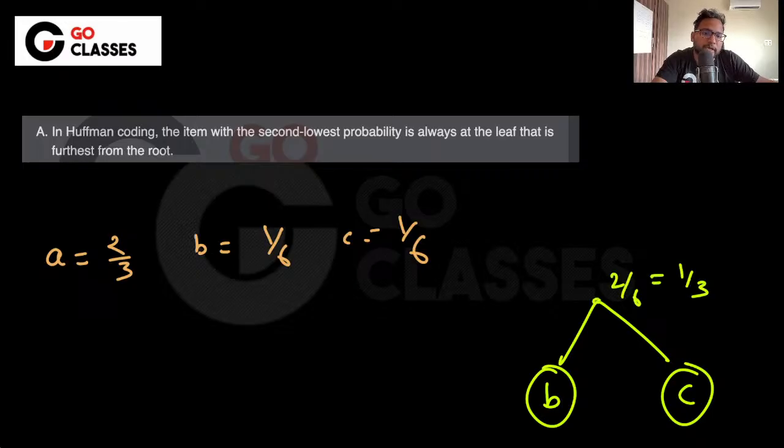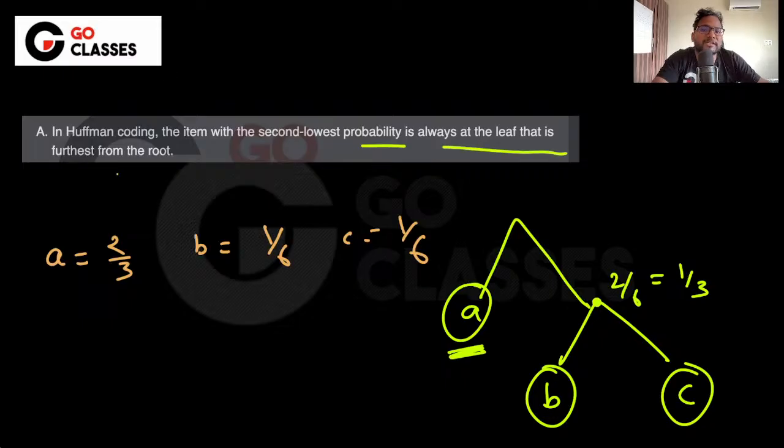And then you will be merging that with A, right? So since A is having the second lowest probability, it should always be at the leaf that is furthest from the root, but it is not the furthest from the root. So this argument is kind of valid. But this question, by the way, I have taken from Berkeley. I have also put the link in the comment. Let me just put that link here also.